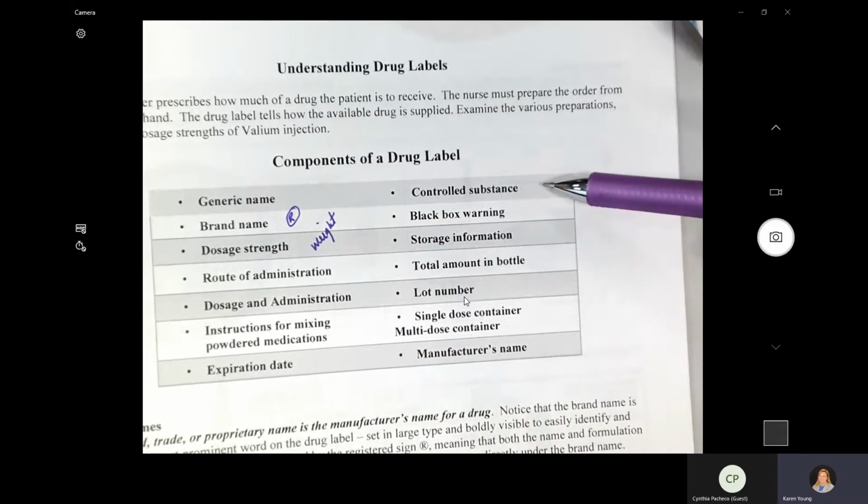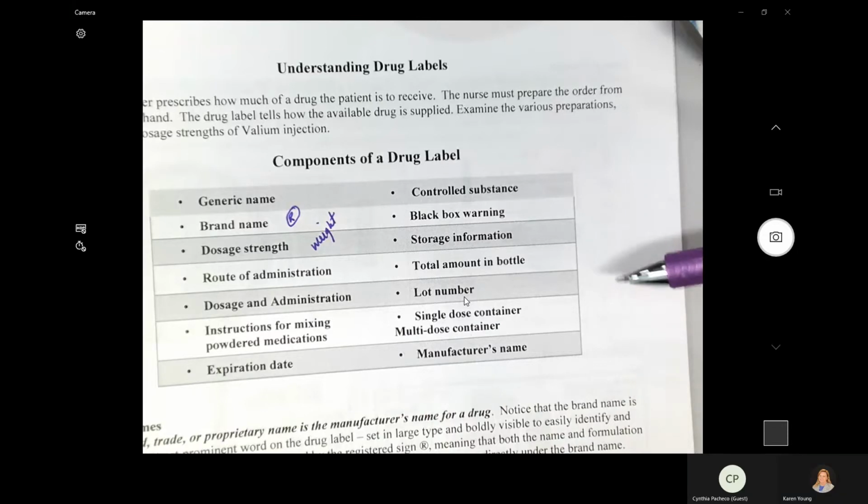We'll talk about controlled substances, black box warnings, storage information, and the total amount in the bottle or in the vial, which is the total amount of medication, or the total number of tablets, or milliliters. Then you've got a single-dose container or a multi-dose container, single-dose vial or multi-dose vials. And then we'll talk about the manufacturer's name.